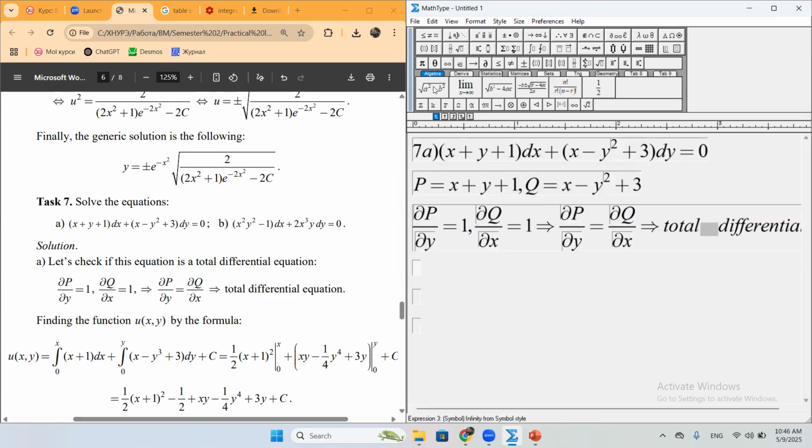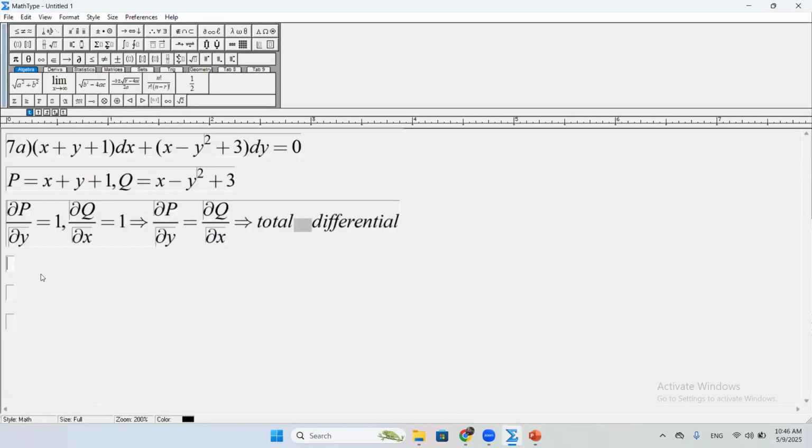So now we will restore the function by its total differential, reminding you the formula.